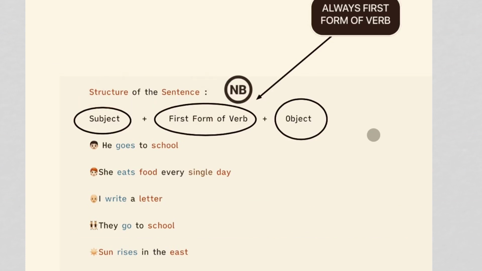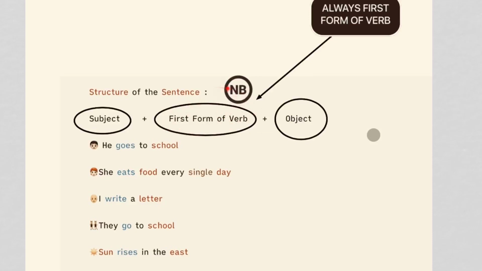The first part you're going to have mostly is the subject. What is included in the subject is basically he, she, I, they, it, or we. And then we will have the first form of the verb.